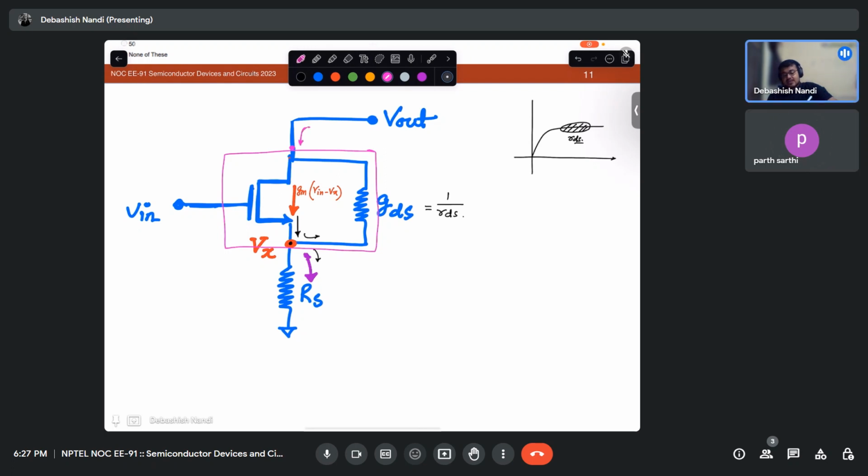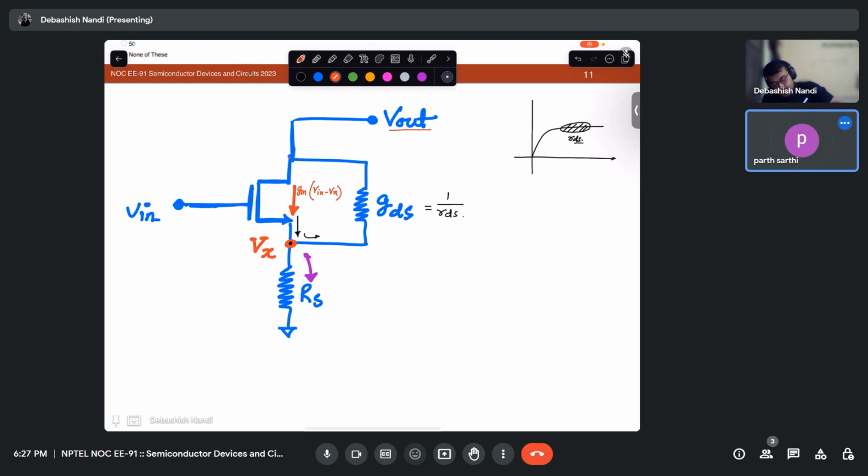This current is outside the box. Suppose you are not aware that such a box is there. What is the current coming in? Okay, let me tell you in this way. This is V out.